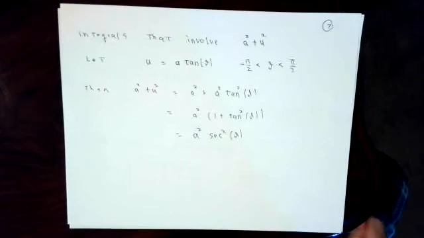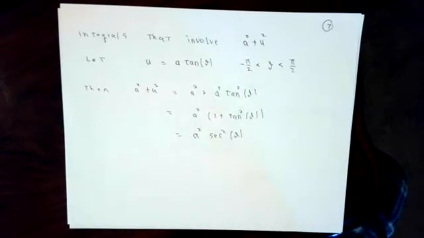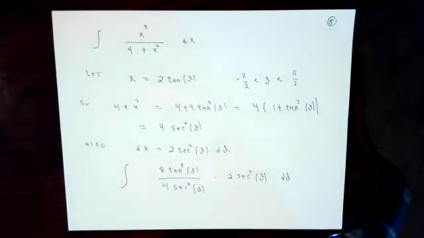A squared plus u squared, after you factor it up and use a trig identity, turns out to be a squared times secant squared of theta. And if I needed to do the square root, it would still be okay, because in the range of angles we're looking at, the secant, which is the reciprocal of the cosine, is positive.